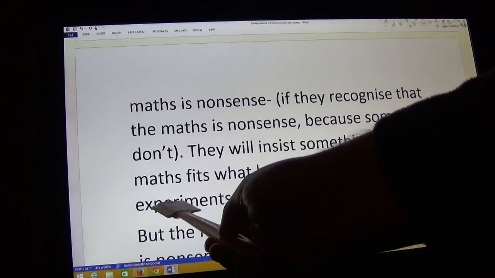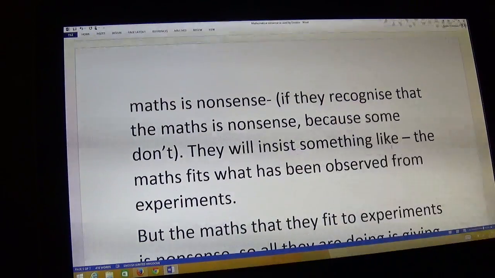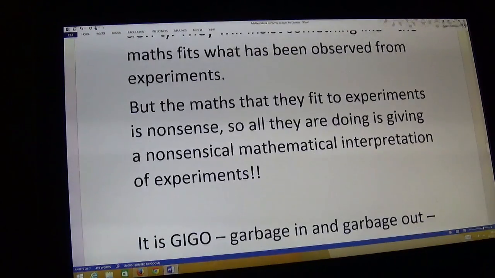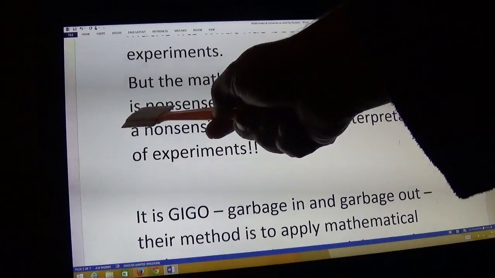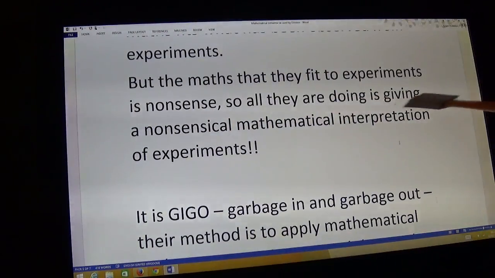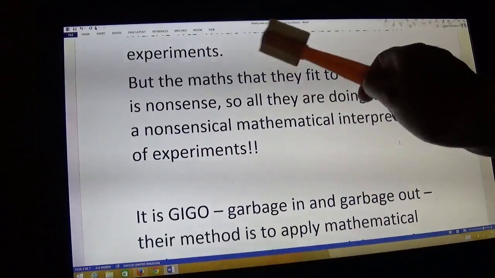So they're going to insist on experiments confirming their mathematical nonsense, but the maths that they fit to experiments is nonsense. So all they're doing is giving a nonsensical mathematical interpretation of experiments.